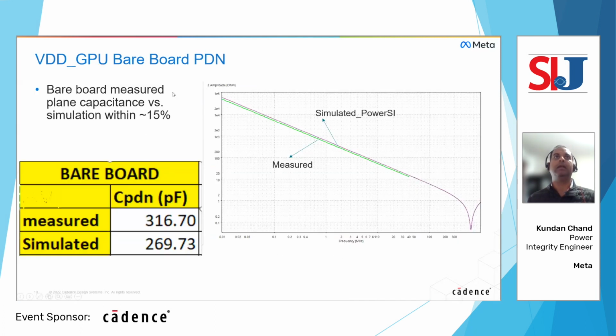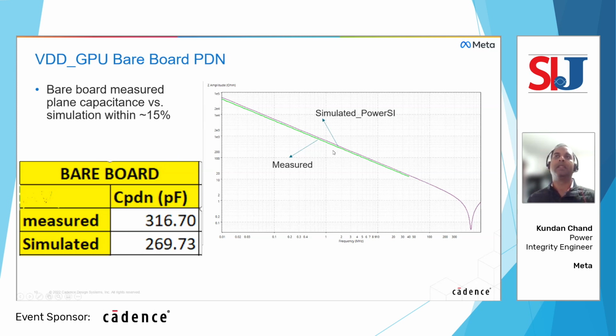The magenta shows the simulated bare board plane capacitance using the Sigrity PowerSI solver, and green is the measured plane capacitance. You can see the correlation. There is approximately a 15% difference between the measured and the simulated.